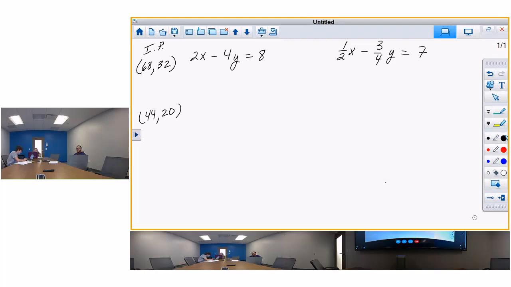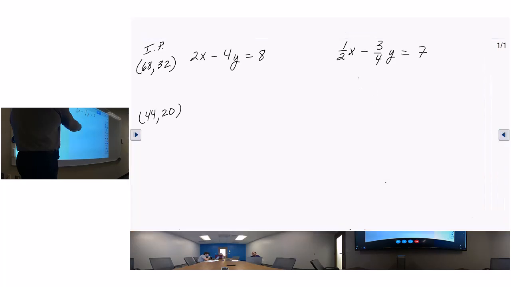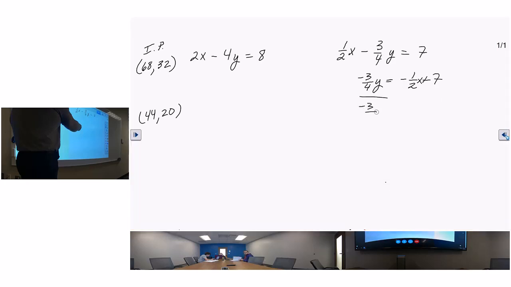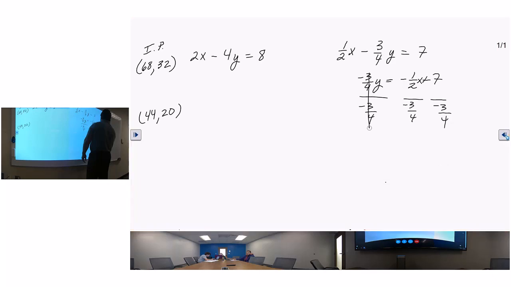All right, let's see. I think we substituted over here. We solved for y, so I'm going to try it again. Negative 3/4 y equal to negative 1/2 x plus 7. Divide by negative 3/4, which means you're going to multiply by negative 4/3 on both sides.